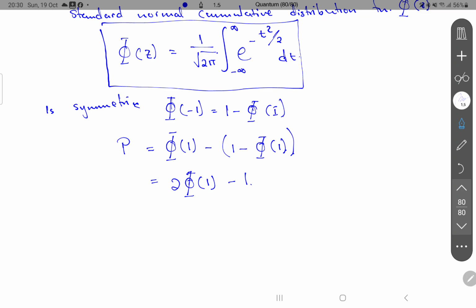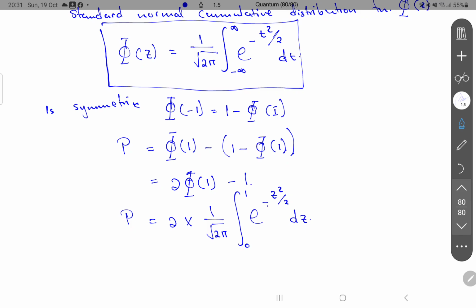So this will lead to the probability being equal to 2 times 1 over the square root of 2 pi, the integral from 0 to 1 of e to the power negative z squared over 2 dz.